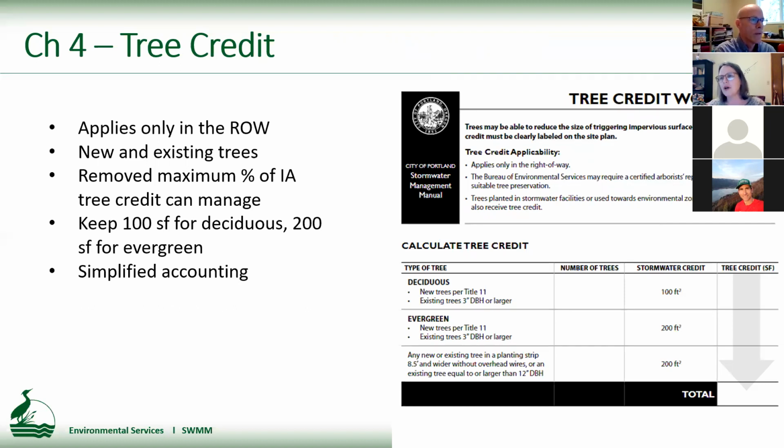Given the fact that we took away the maximum percentage, we modified the calculations and just made some simple 100 square foot and 200 square foot credit categories. And then the worksheet turns out to be very simple to fill out because the math is very simple now. So those are the changes on the tree credit.